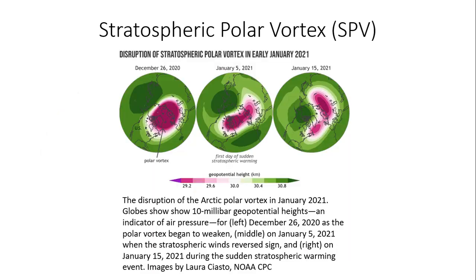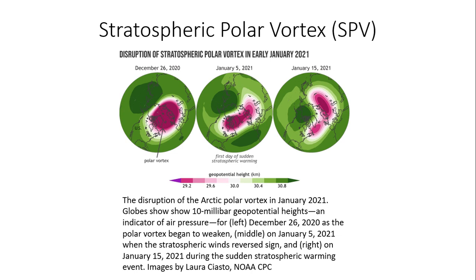In this example, Amy Butler is the one who looked at this closely. The magenta shading here is the polar vortex itself. The graphic on the left shows December 26, 2020. You can see how the polar vortex is starting to become displaced off the polar areas.